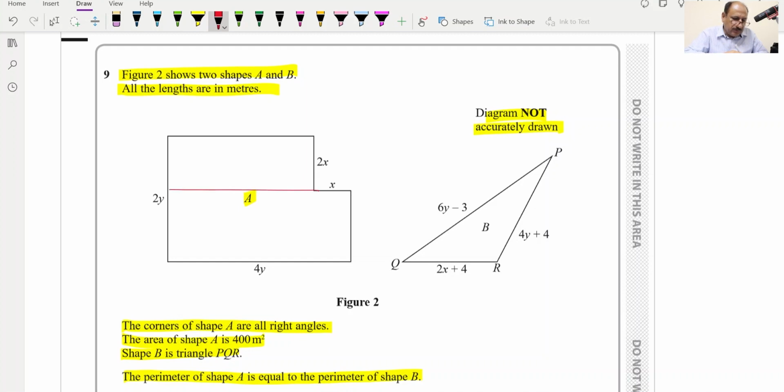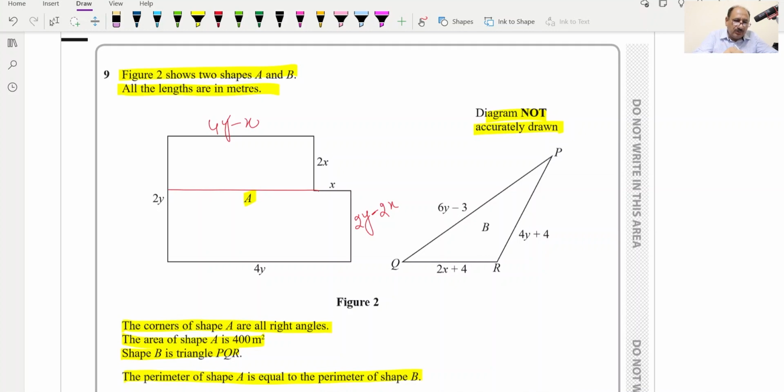If we draw a straight line over here, this side will be 4y minus x, and this other side will be 2y minus 2x.